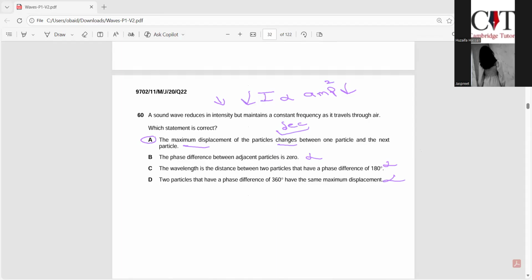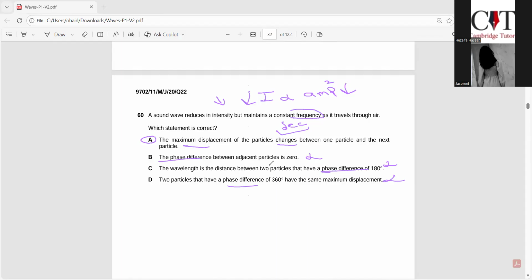If the frequency is constant, then the waves are in phase, so it does not change the phase difference. You cannot predict phase difference from intensity. They are not connected. That's why all these points of phase difference are of no connectivity.